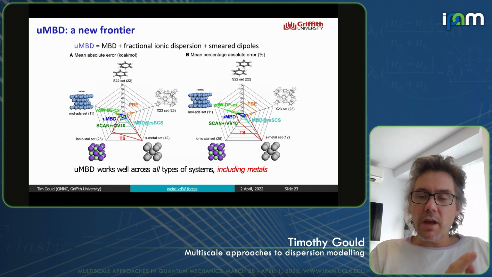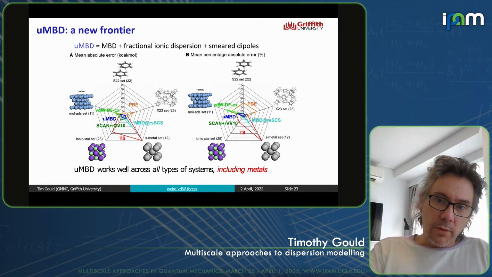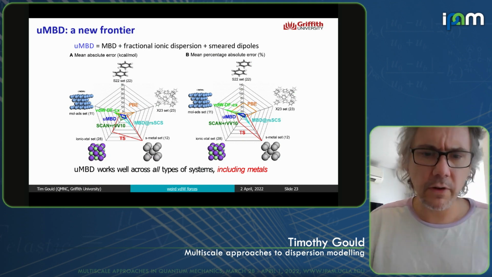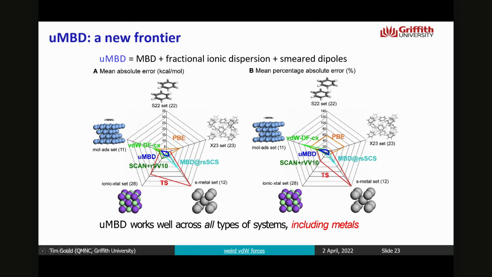So we need an approach that can actually do these. We've been working on this for a while, and I can't even remember what year it was. Sorry. During COVID, this is my broad term for that period, we published this work, which basically combines the many-body dispersion model with a fractional ionic charge model of polarizabilities and throws in some smeared dipoles.